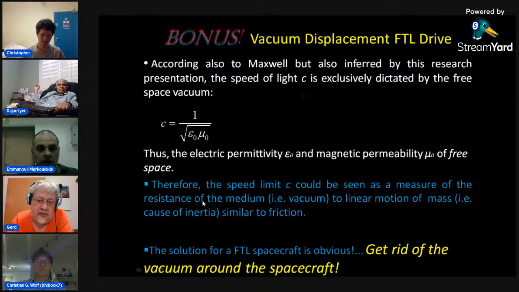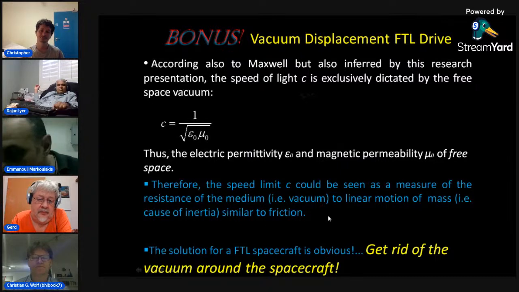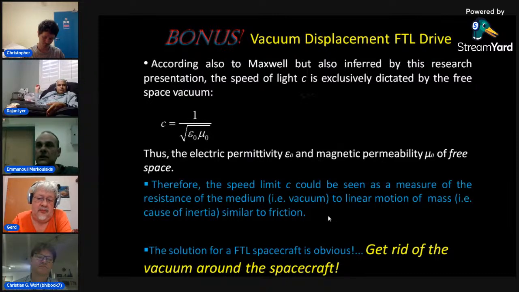Therefore, the speed c could be seen as a measure of the resistance of the medium, the vacuum, to linear motion of mass, the cause of inertia, similar to friction. So imagine that the vacuum is some kind of medium which prohibits the motion of positive mass, so that it creates the inertia.